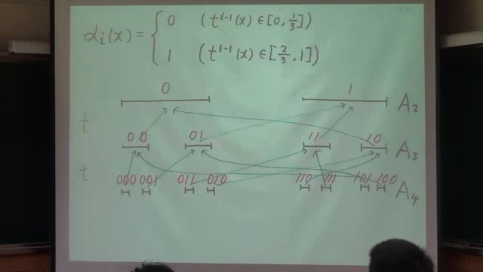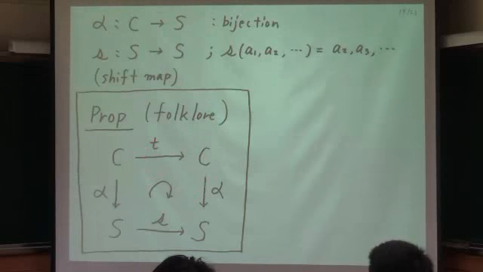So we just forget the first 0. For this x, some infinite sequence, the first three are 0, 1, 1 and something, but for Tx, the first two are 1 and something. In such a way, we can easily check this property.